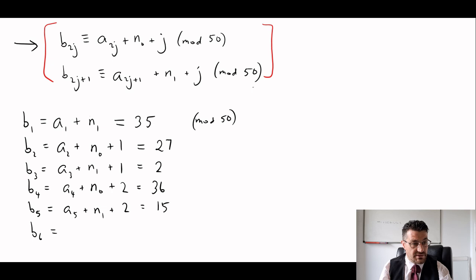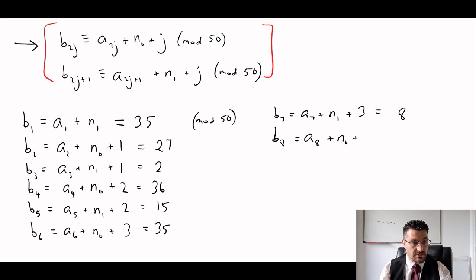B6 is A6 plus n0 plus 3. And okay, I'll move over here now. So B7, which is A7 plus n1 plus 3, and that's going to be equal to 8. Plus n0.